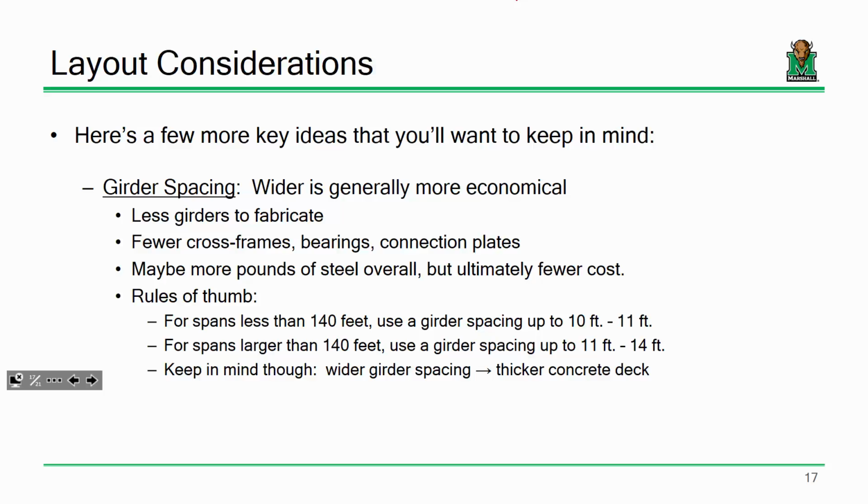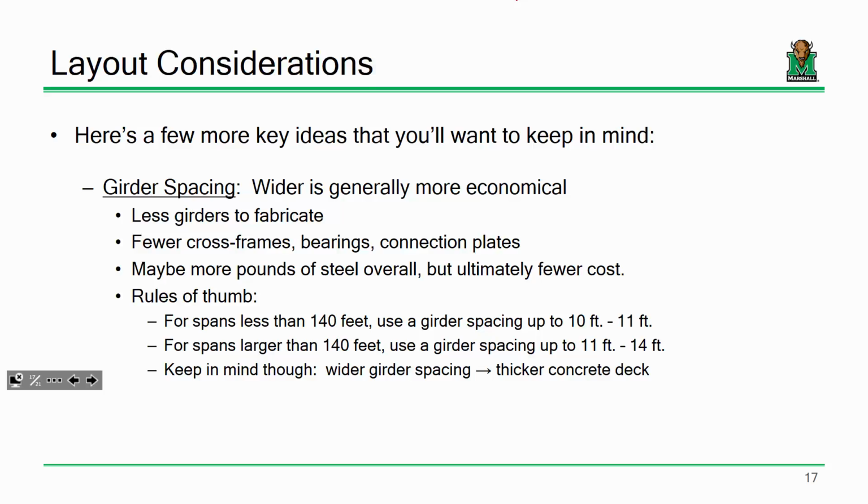If you're laying out the bridge girder spacing, usually wider girder spacing is better. Now that might be counterintuitive, because you might be thinking, wait a minute, if I make the girder spacing wider, that makes each beam heavier, right?